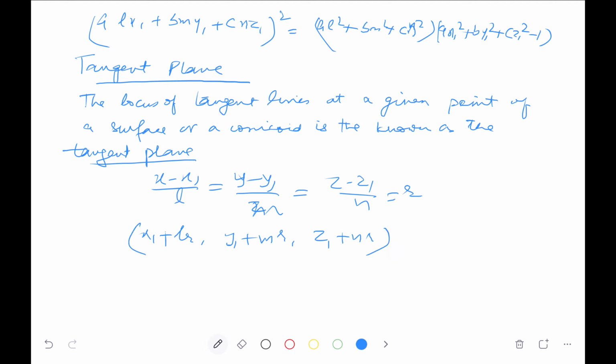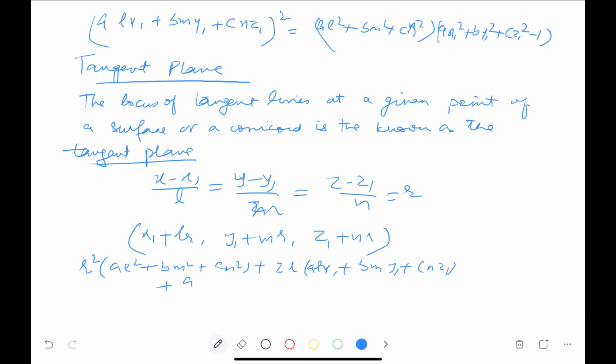If this point lies on the conicoid also, it must satisfy the equation of the conicoid. As we have done earlier, we will get a quadratic: (AL square plus BM square plus CN square) r square plus 2r (ALX1 plus BMY1 plus CNZ1) plus (AX1 square plus BY1 square plus CZ1 square minus 1) is equal to 0.